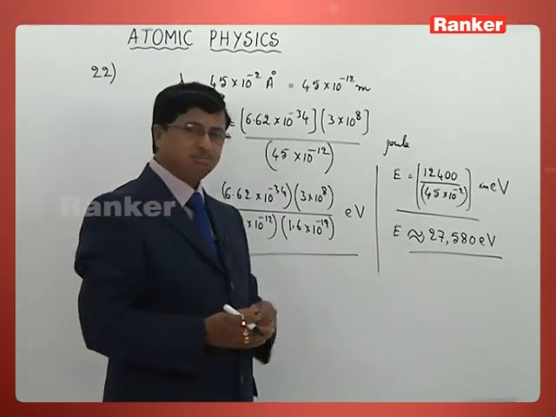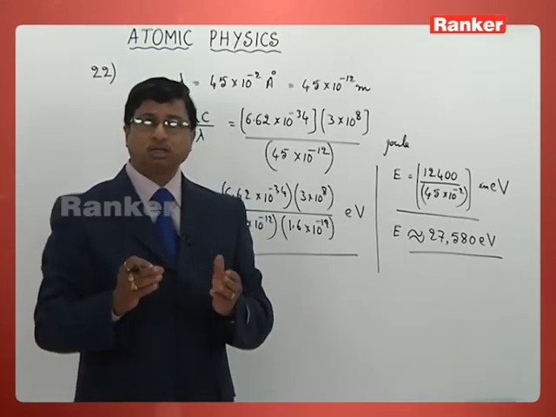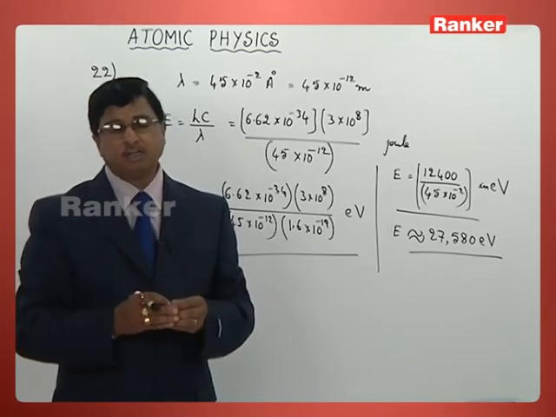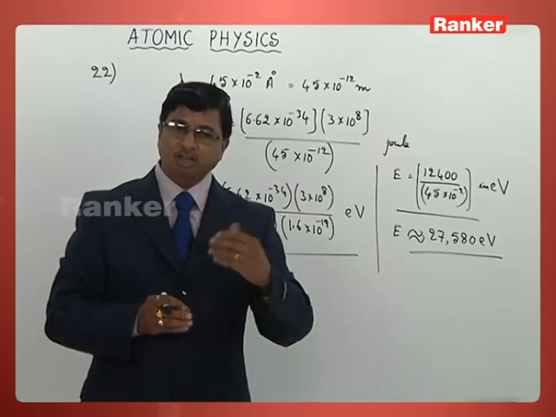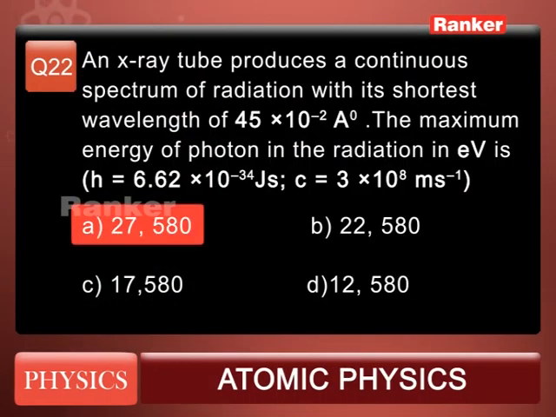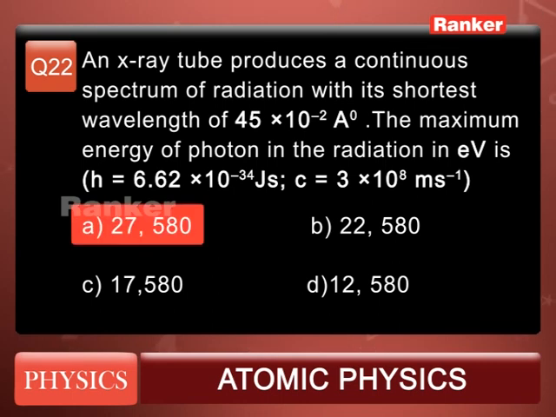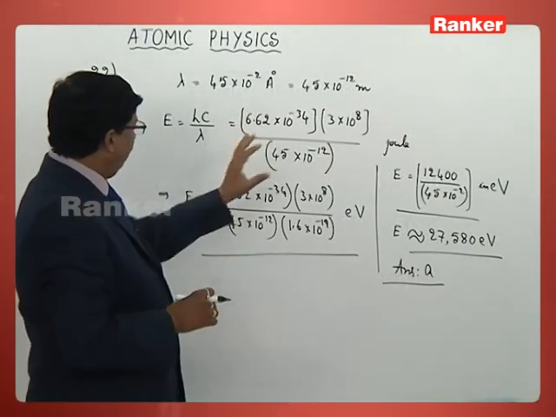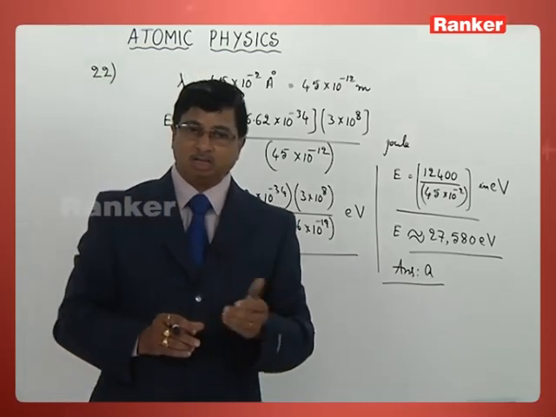But now all the 4 options are given differently, there is no closeness as far as the numbers are concerned. Therefore, straight away you can adopt the rough method and estimate the correct answer there. This is problem number 22, of which the correct answer is simply the first one, that is A.